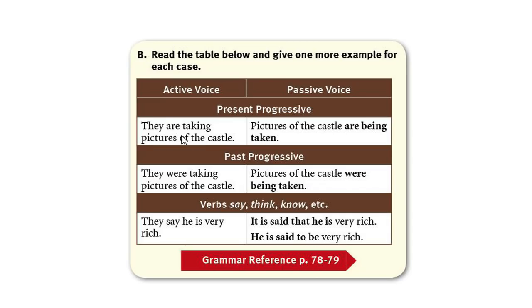They are taking pictures of the castle. وتبنى للمجهول pictures of the castle are being taken. استخدمنا فعل من أفعال be ثم أضفنا لبي ing ثم أتينا بالفعل في التصريف الثالث. Past progressive الماضي المستمر. They were taking pictures of the castle. Pictures of the castle were being taken. أيضا نفس الأسلوب ولكن في هذه الحالة استخدمنا الفعل الماضي من الفعل be.